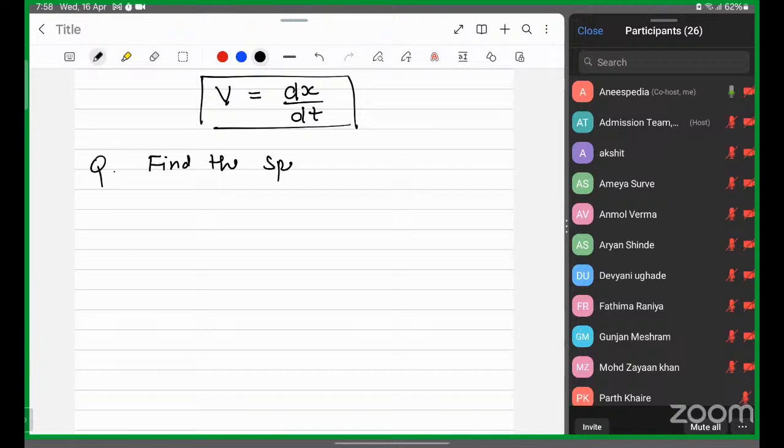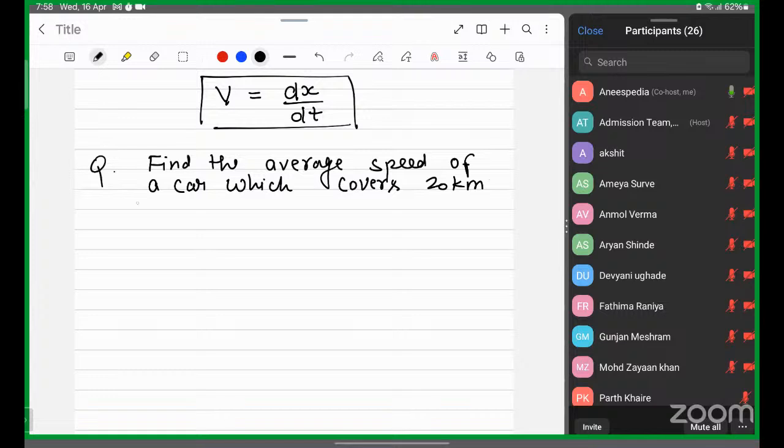Find the average speed of a car which covers 20 kilometer at a speed of 10 kilometer per hour and 30 kilometer at a speed of 20 kilometer per hour.